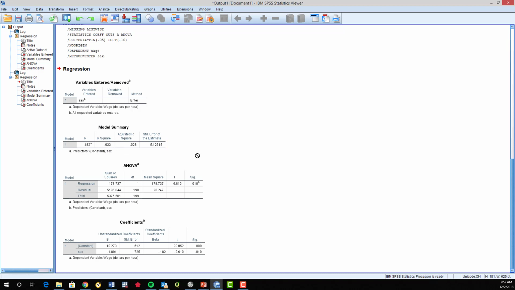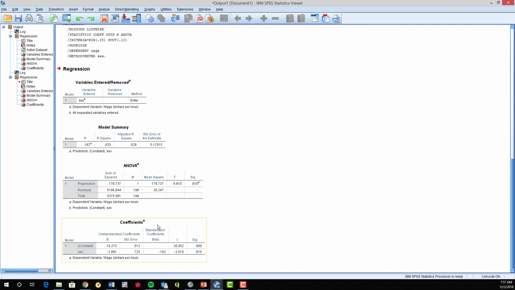So gender explains about 3% of the variation in hourly wages. Again, it's not as much as years of education, but it's certainly 3%. And you can argue that 3% is 3% too much, given that gender should not explain anything about your income. It should be completely unrelated to your income.